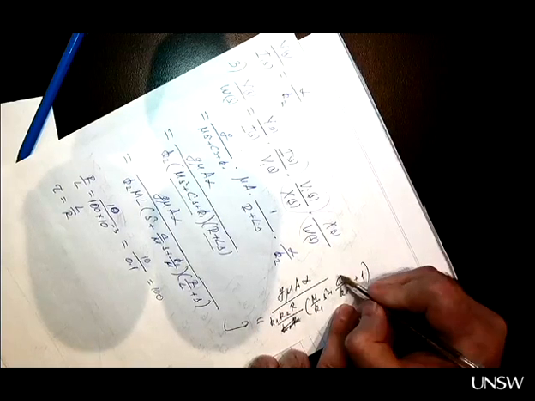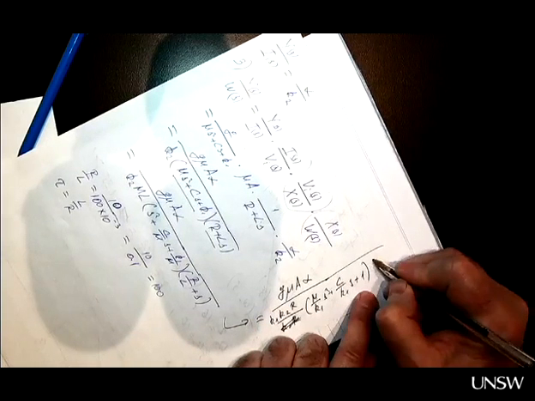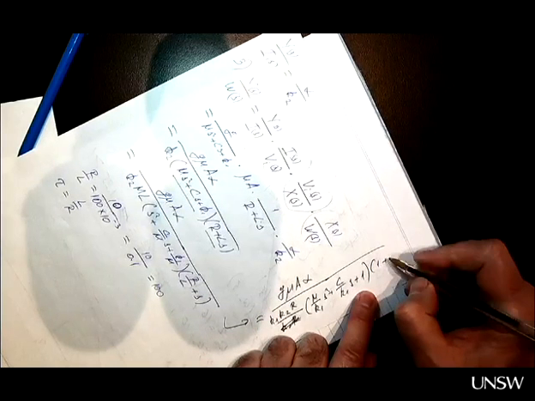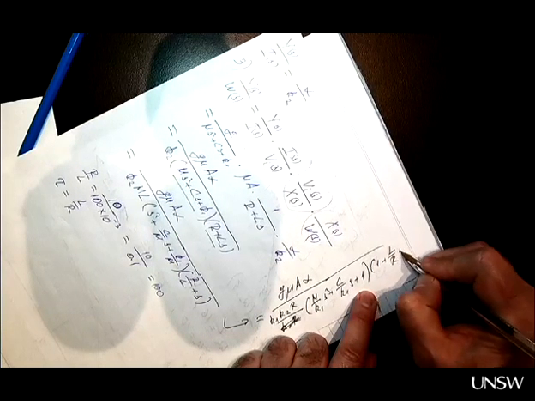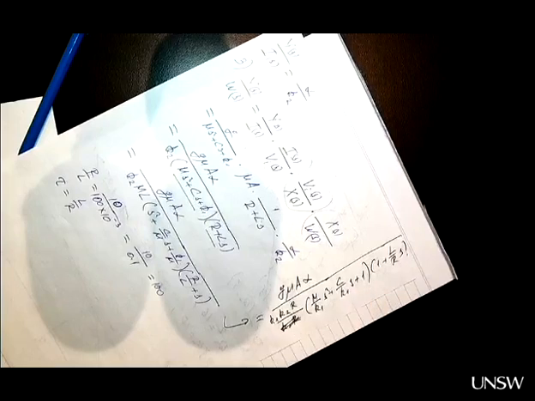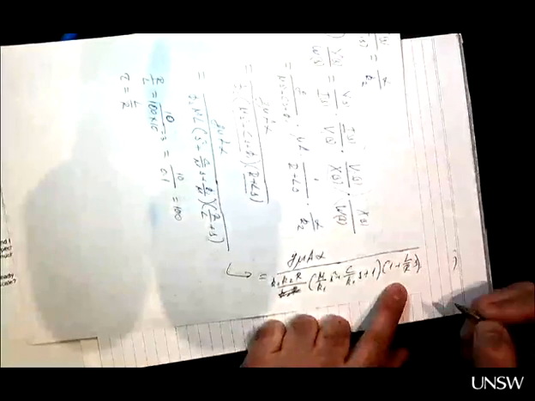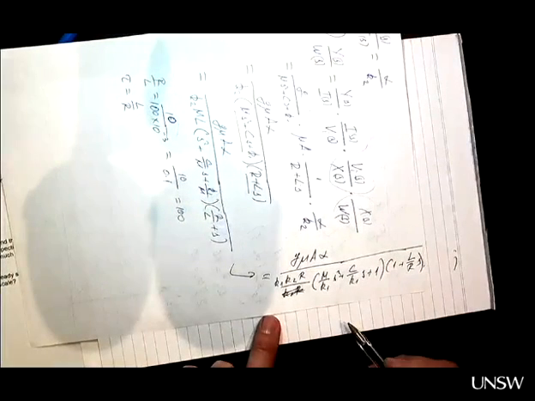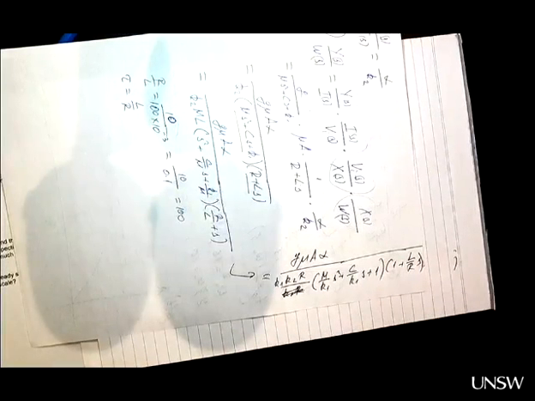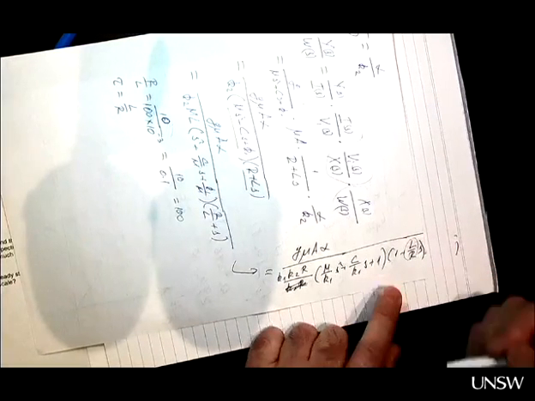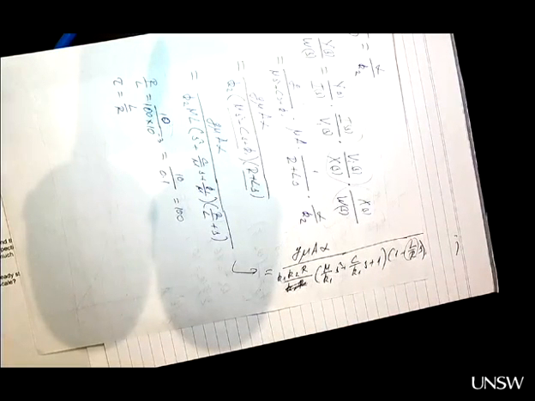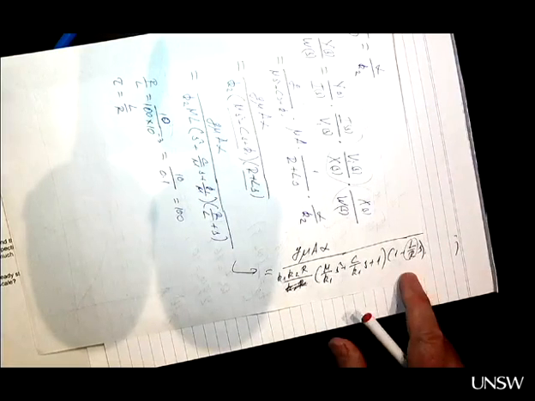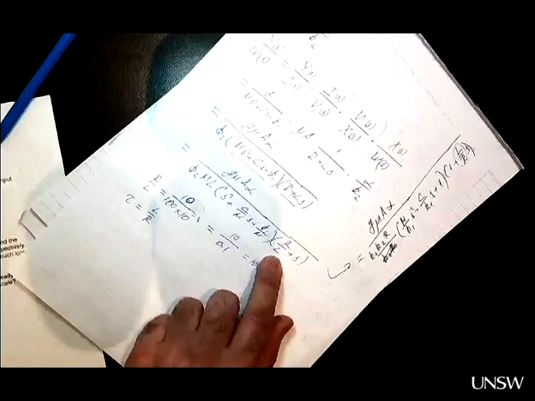And here we have 1 plus L over R S. Okay. This is non-dimensional, so this is the time constant, L over R. But this is reciprocal to this coefficient here I have in the normalized form.